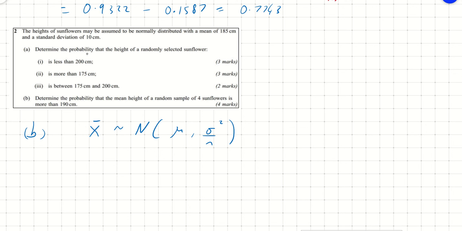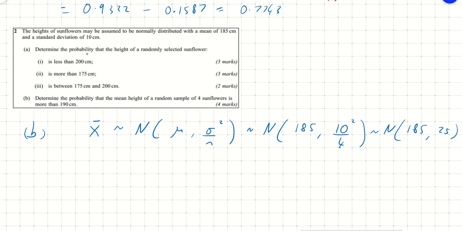So in our example, we're taking 4 sunflowers. So the mean of 4 has the normal distribution with mean 185, and variance 10 squared over n, which is 4. Okay. And this is normal 185, and 10 squared over 4 is just 25.